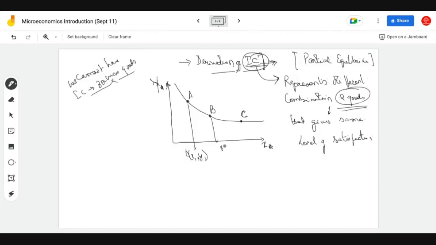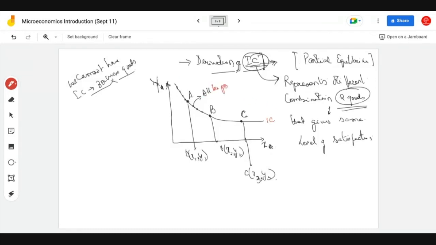At point B, let's call it x2 y2. Okay. At point C, we have, let's say, x3 y3. So what is happening is that we have three different combinations. So all these points represent combinations of x and y, and this is your indifference curve.